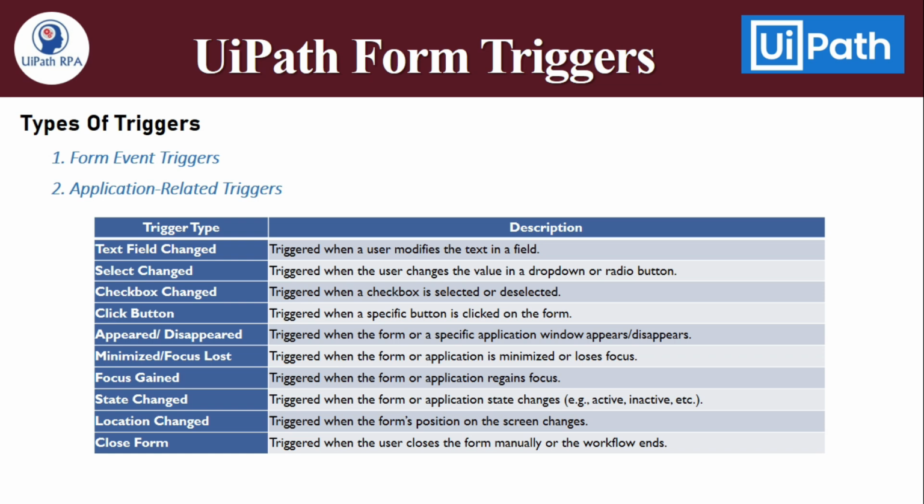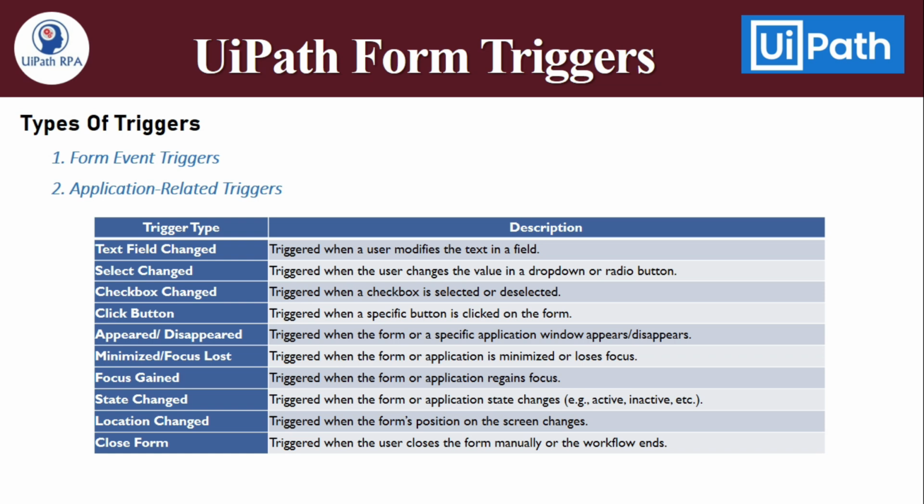There are types of triggers: form event triggers and application related triggers. Let's say text field changed. It triggers when a user modifies the text in a field. Select changed triggers when the user changes the value in a drop down or radio buttons.